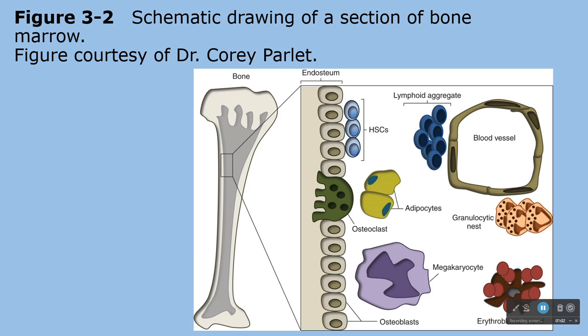So we're talking about, don't make fun of my drawings, the ends of our long bones. As adults, that's where we have marrow. So at the heads of the femur, heads of the humerus, the tibia and the fibula, the radius and the ulna.